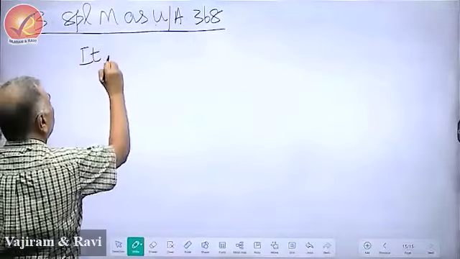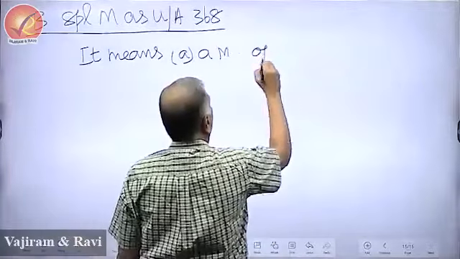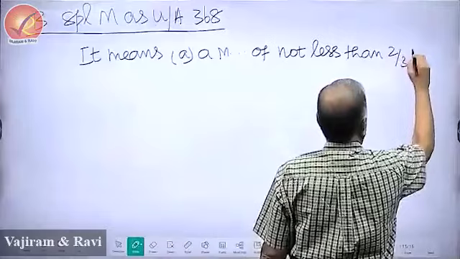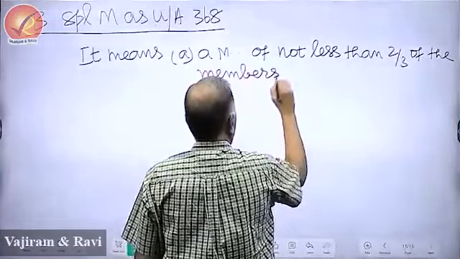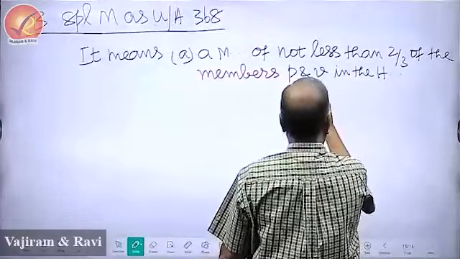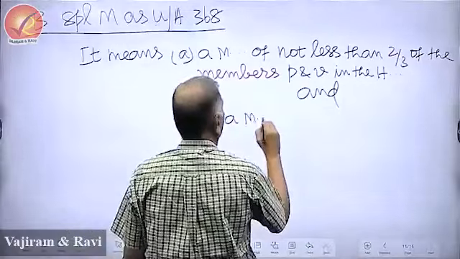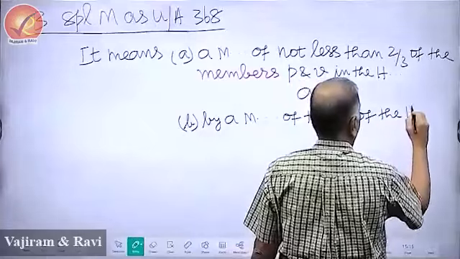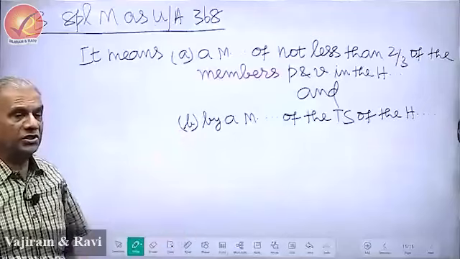Here, it means a majority of not less than 2/3 of the members present and voting in the house, and by a majority of the total strength of the house. So the second condition is also to be fulfilled.